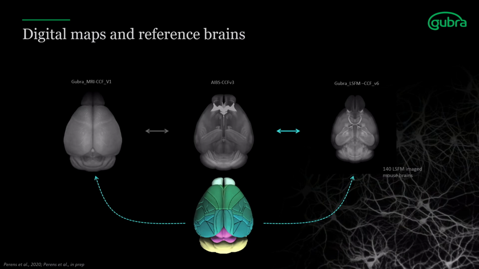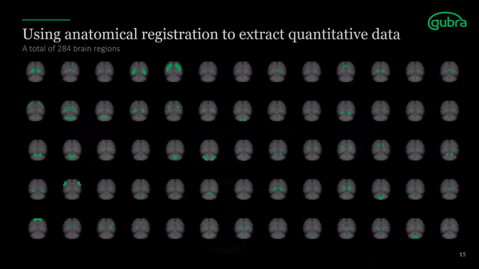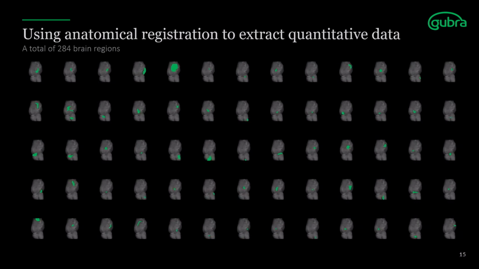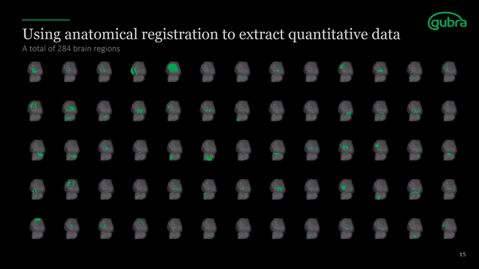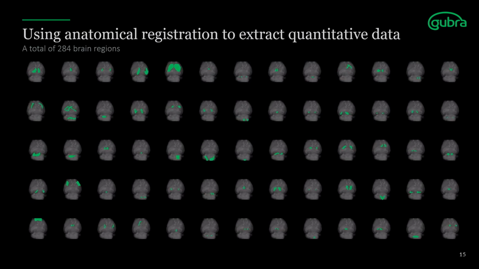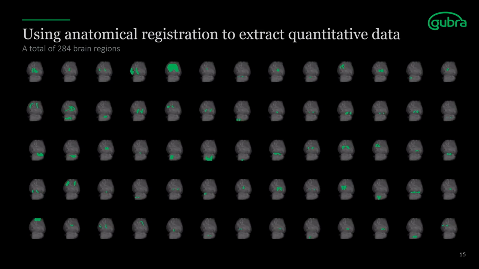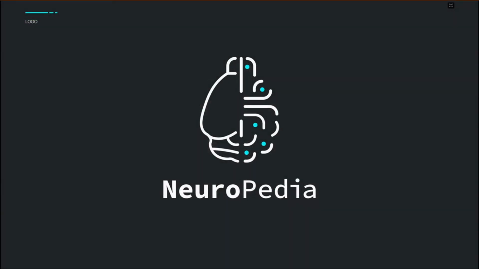And then tomorrow, on Friday, Johanna, another scientist at Gubra, will tell you more about how we do this process and why we need an iDISCO-specific reference map. The final result is that we can either extract signal intensity or cell number per brain region, in this case more than 250 brain regions.